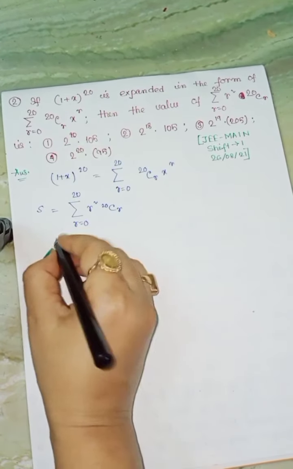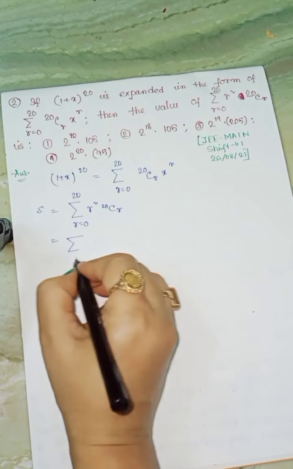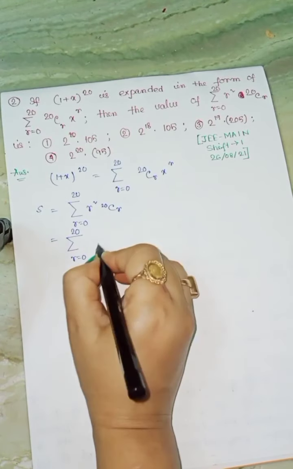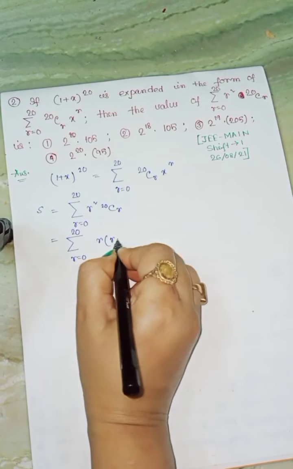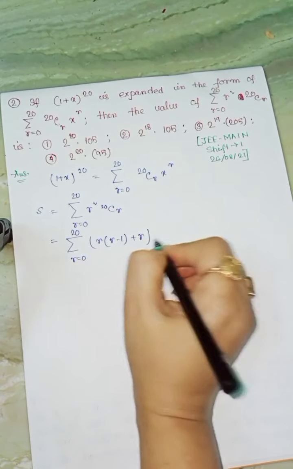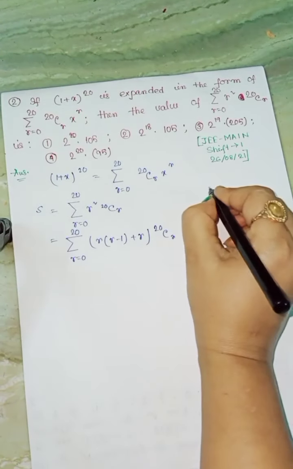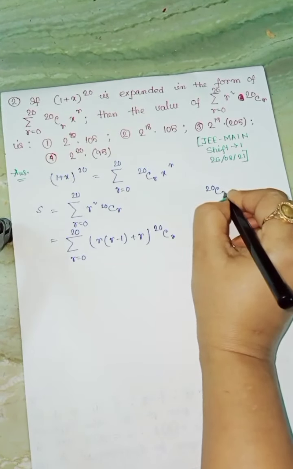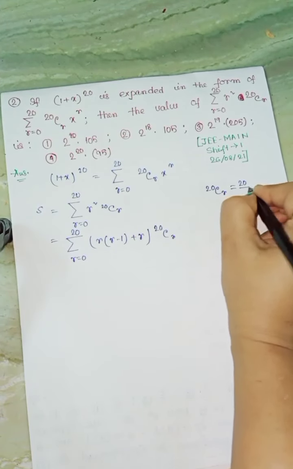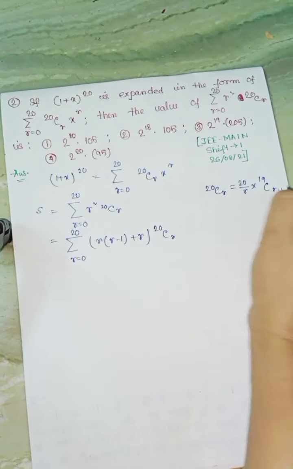Now we expand this, so we get the sum over r equal to 0 to 20 of r into r minus 1 plus r, multiplied by 20Cr. Now expanding 20Cr, we get 20 by r into 19C(r minus 1).